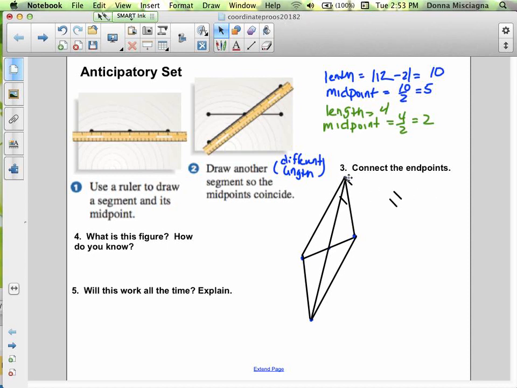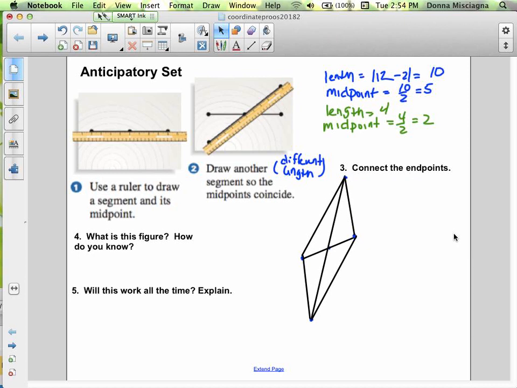Sometimes the smartboard doesn't care that I got rid of something. It was happy making lines, so it chose to just keep making lines when all I wanted to do was turn my line a little bit so they could all meet together. There we go. Let's get rid of those. There we go. Yeah, good.